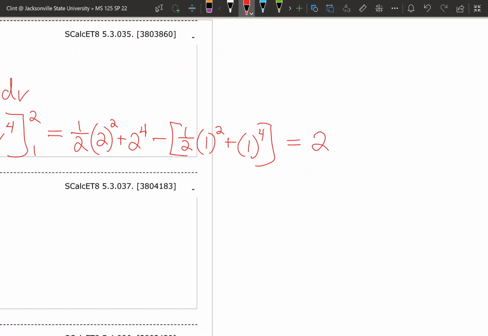Half of 4 is 2, and then 2 to the 4th is 16. And then 1 squared is 1, half of that is 1/2, plus 1. So let's see, 18 minus 3 over 2, 33 over 2.